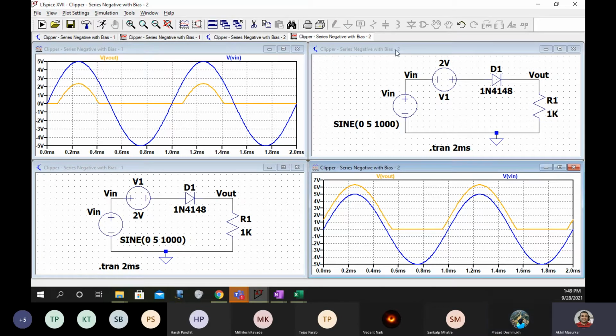And the graph, this is bias 2 and this is also bias 2. This is bias 1 and this is bias 1. So were you having the confusion about which graph is of which circuit? No, sir, it's clear now.